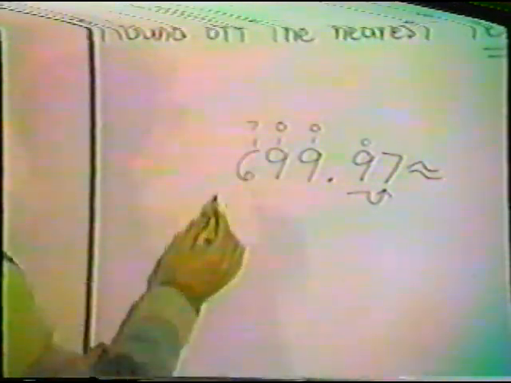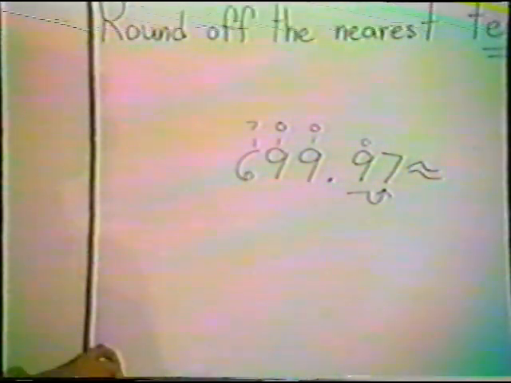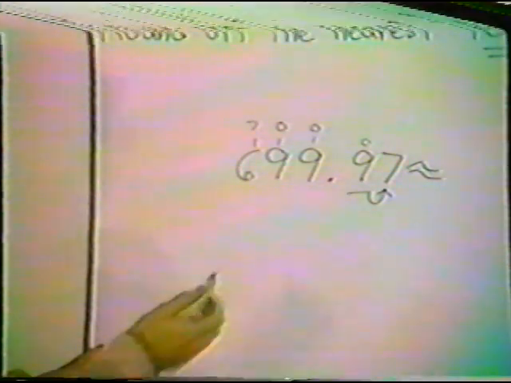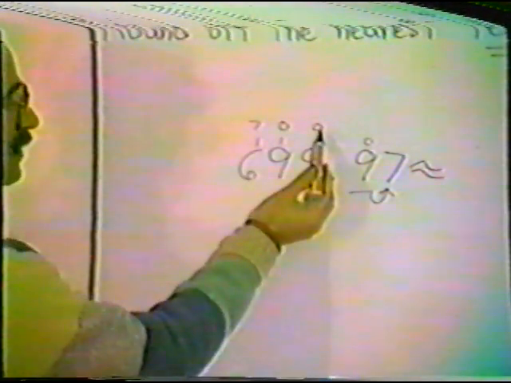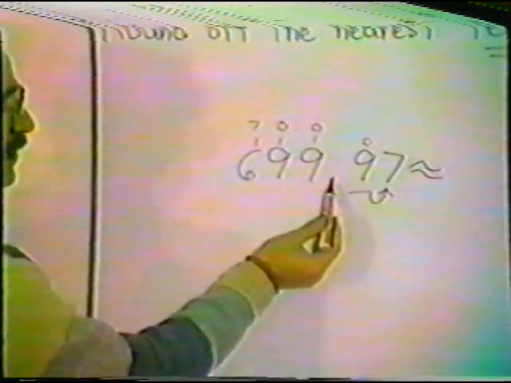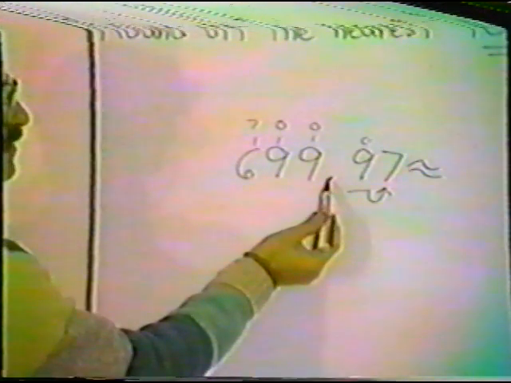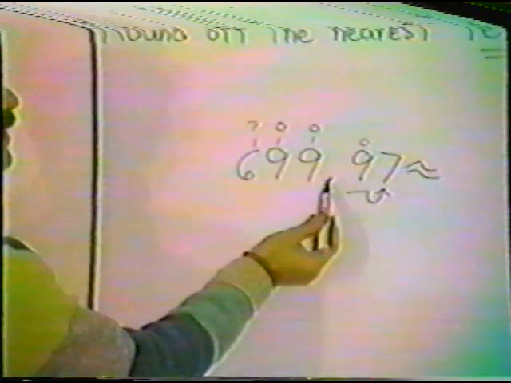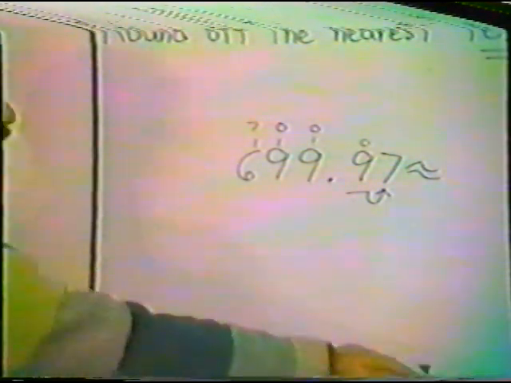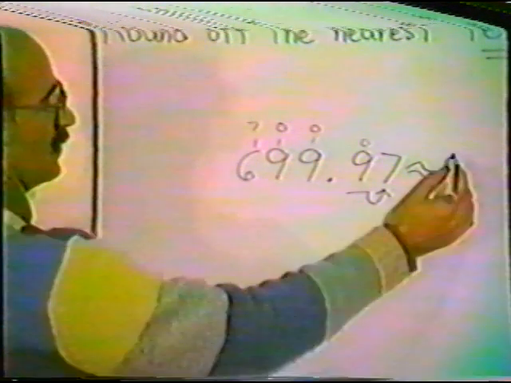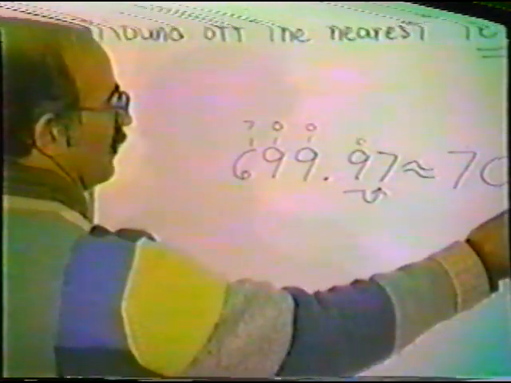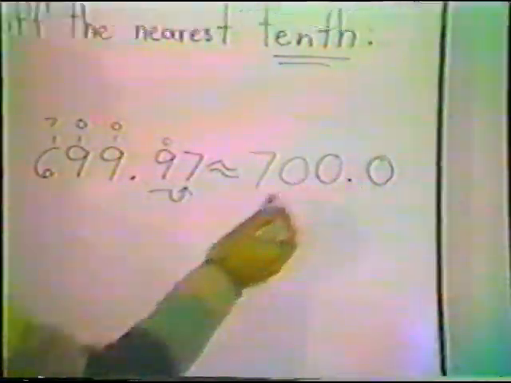And 7. Now we have to read the answer. We read it right across the top. Don't forget to include the decimal point, and I'll let you spell it instead of reading it. Just tell me what numbers to write. 700.0.